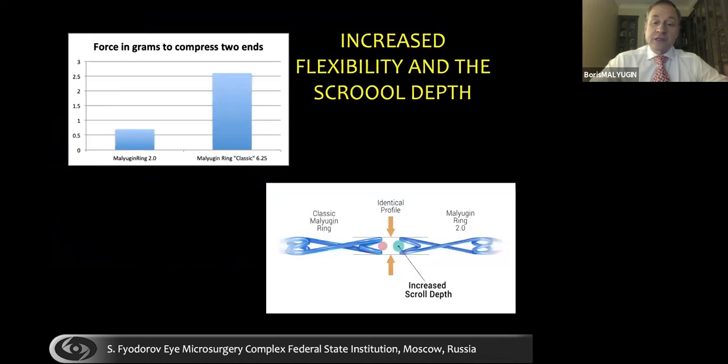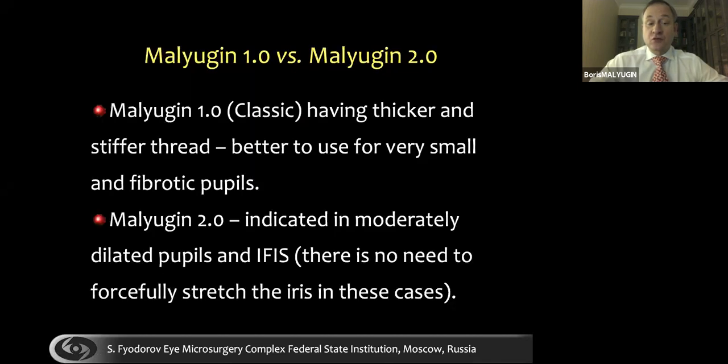What is good is that the thinner thread gives us a much better flexibility. There is much less force needed to compress two ends of the device, and also by utilizing thinner thread, we increase the gap that is shown here, so it's much easier to remove.